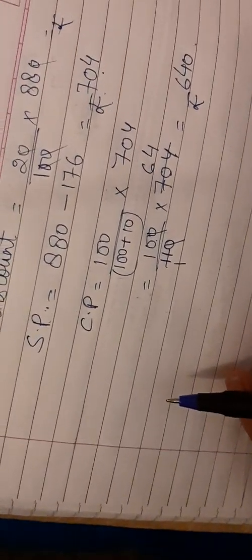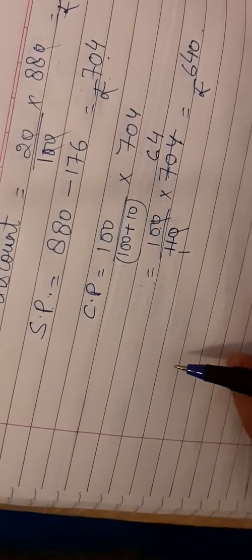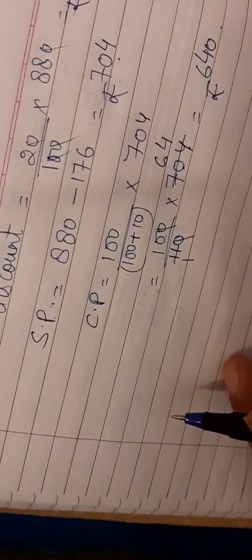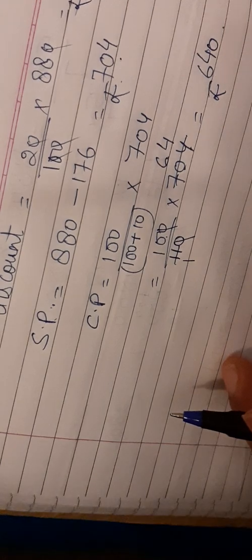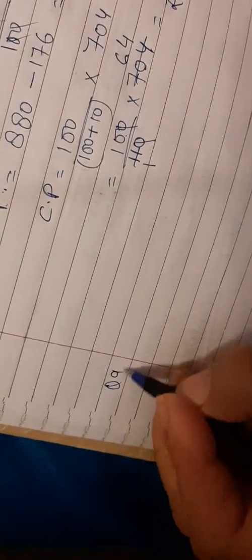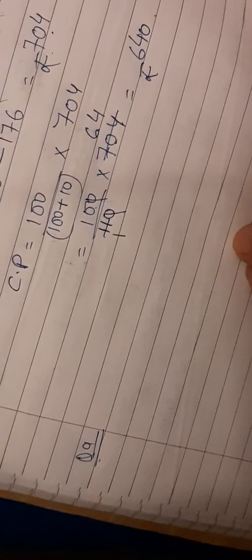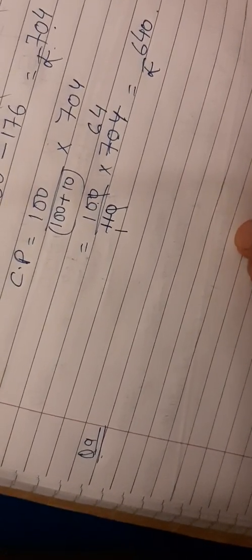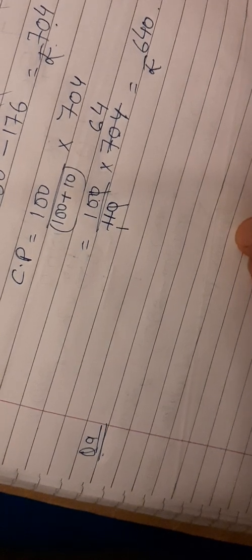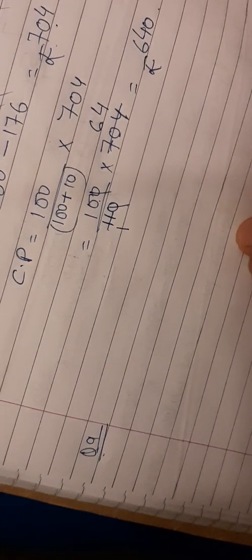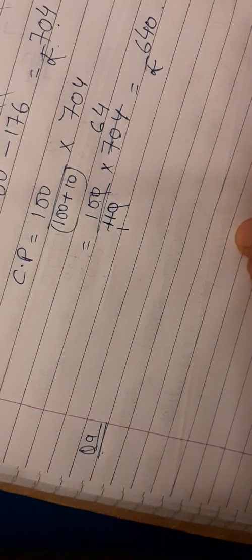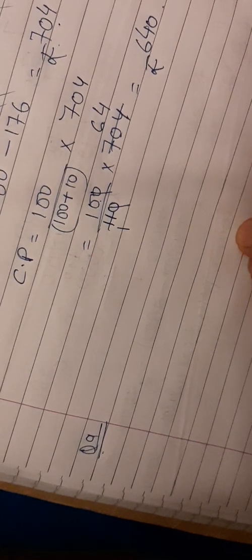Now I am going to take up the 9th question, and 9th question says, trader wishes to gain 20% after allowing 10% discount on the marked price to his customers. Means he wants to give discount.